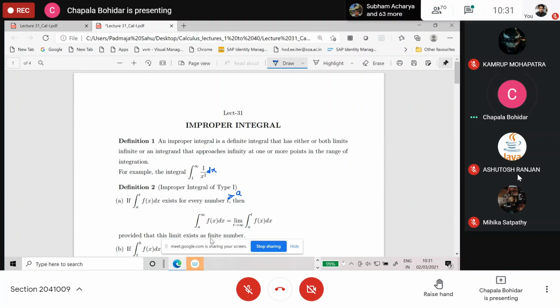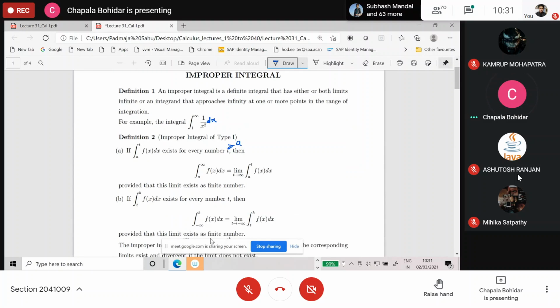Similarly, if the integral from t to b of f(x) dx exists for every number t less than or equal to b, then the integral from minus infinity to b of f(x) dx is the limit as t tends to minus infinity of the integral from t to b of f(x) dx, provided this limit exists as a finite number.